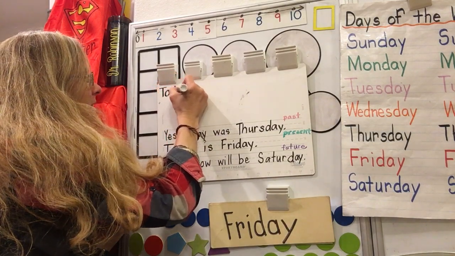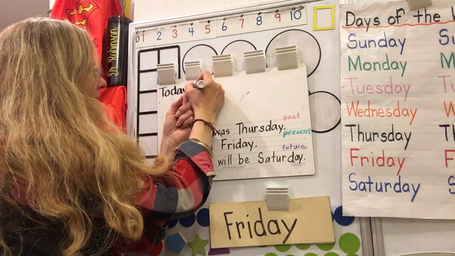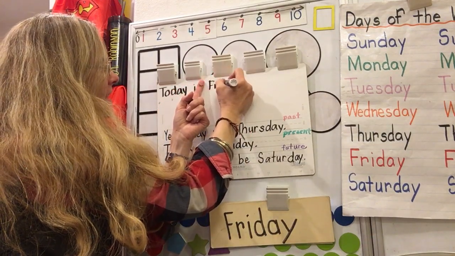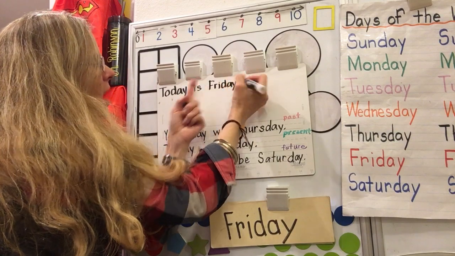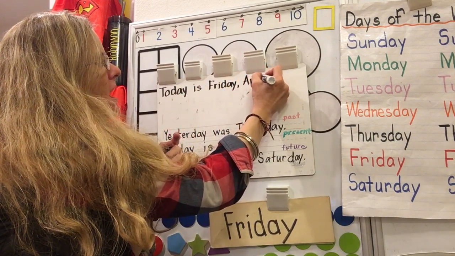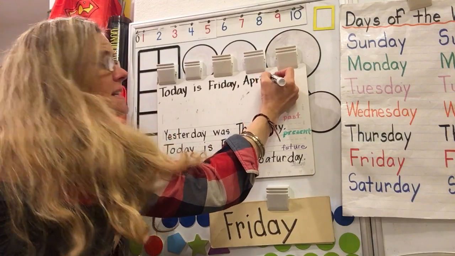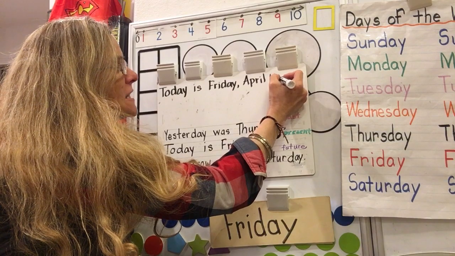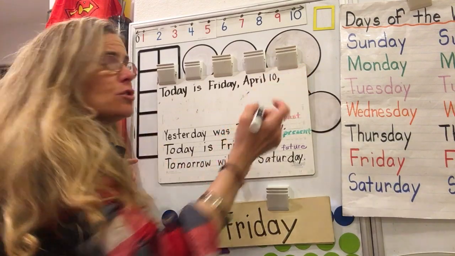Today, face space is, right, I see it right down here, Friday, comma, April, capital A-P-R-I-L, 10. I put a 1 in the tens place. I put a 0 in the ones place, 10, comma, 2020.